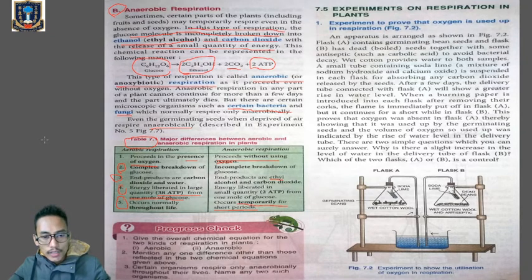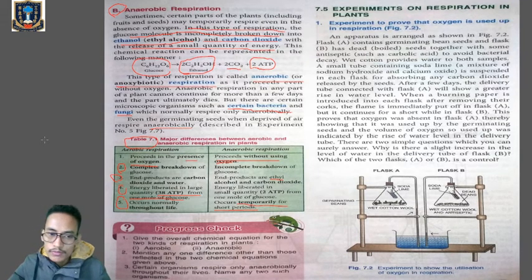In anaerobic, there will be formation of ethyl alcohol and carbon dioxide. In aerobic respiration, 38 molecules of ATP will be produced from 1 mole of glucose, but in anaerobic, 2 molecules of ATP. And number 5, the last one: aerobic respiration occurs normally throughout life, but anaerobic respiration occurs temporarily for a short period of time.